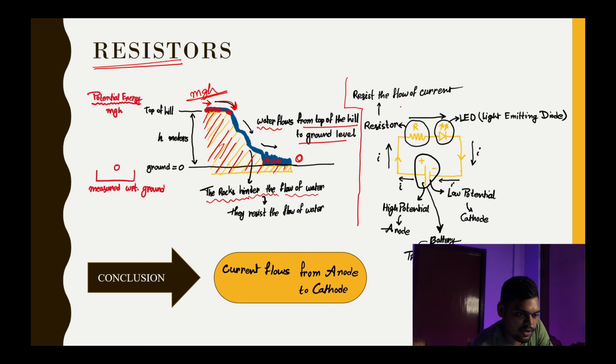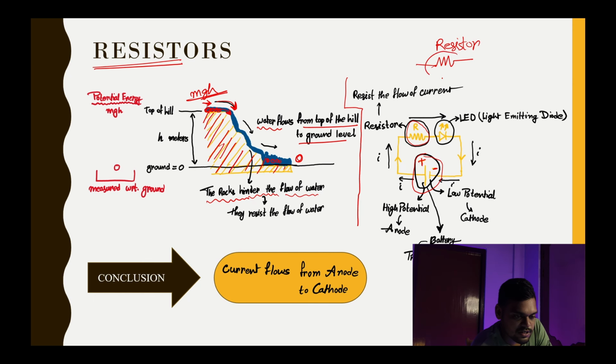As you can see, we have a circuit here. It is a battery, its positive terminal is the anode, and its negative terminal is the cathode, and the current is flowing from anode to cathode through the wire, and on the wire we have a jittery path. You can say this is a resistor.